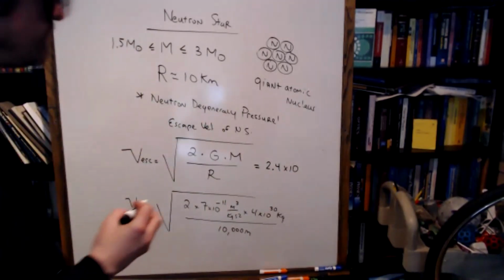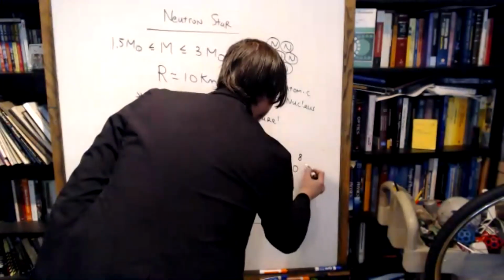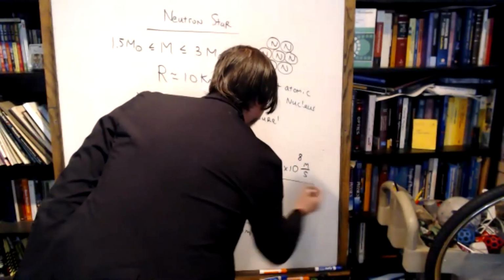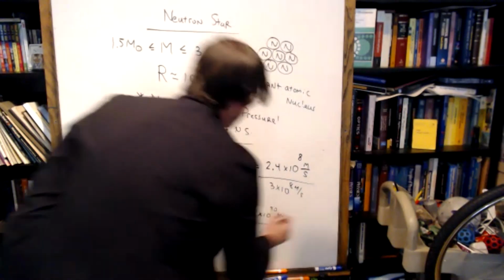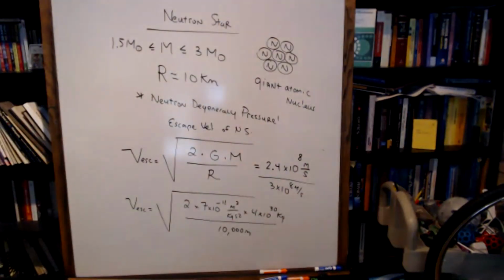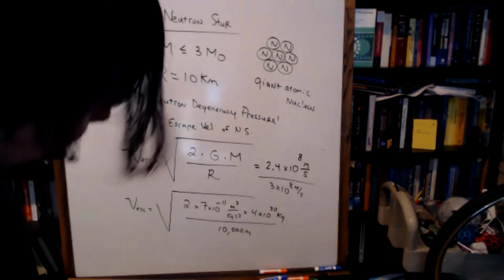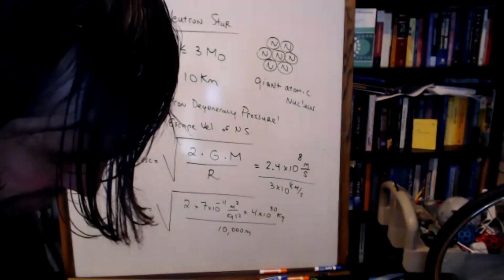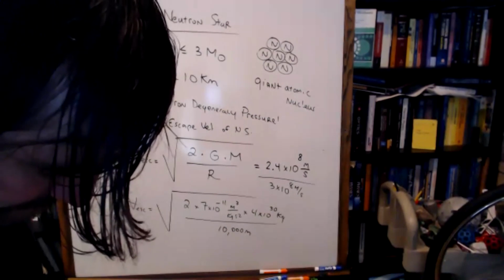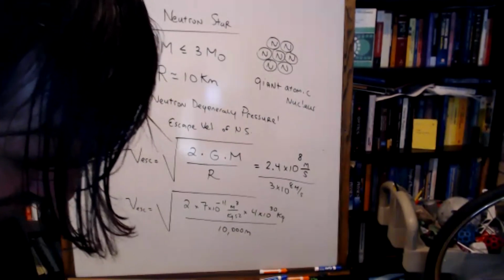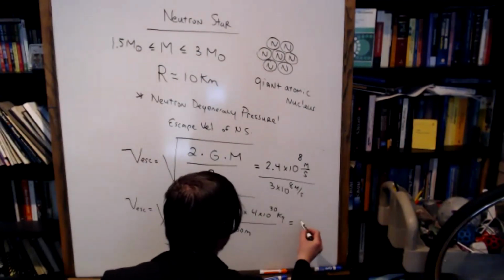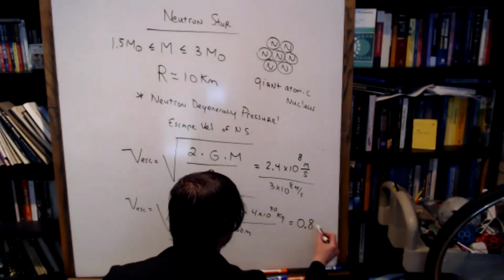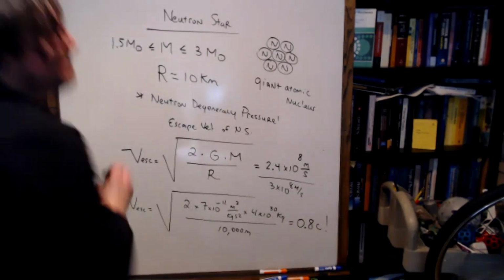Oh, 2.4 times 10 to the 8th. Okay. And if the speed of light is 3 times 10 to the 8 meters per second, what percentage of the speed of light would you need to travel at to leave the surface of a neutron star? Let me do that math in my head. That's 80% the speed of light.